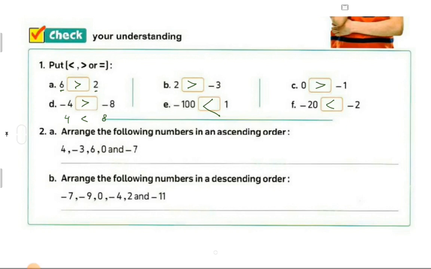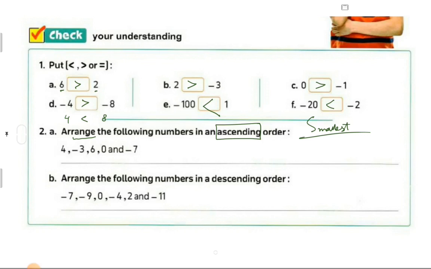Okay. Now we have to arrange the following numbers in ascending order. Ascending order, you start with the smallest one. Okay. Now we have 4, negative 3, 6, 0, negative 7. I need to start with the smallest one. Now I have negative integers and 0 and positive integers.